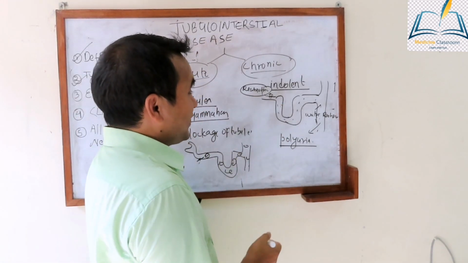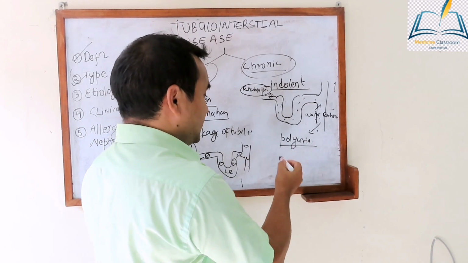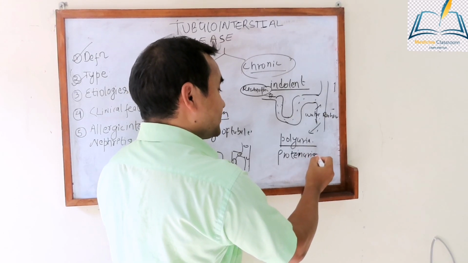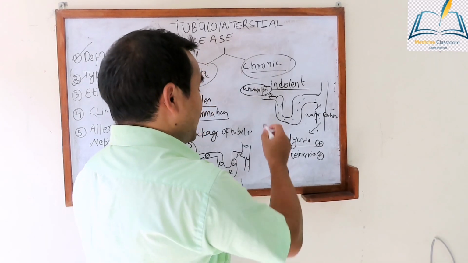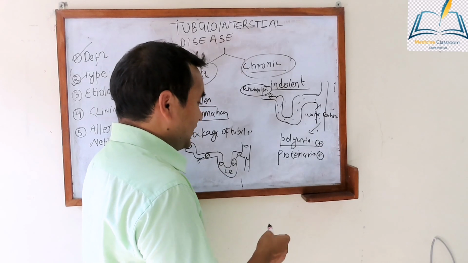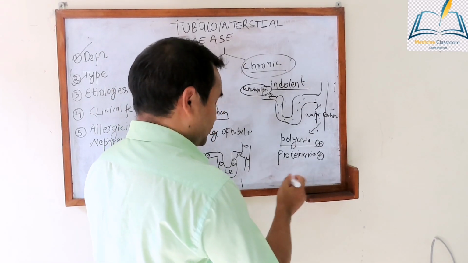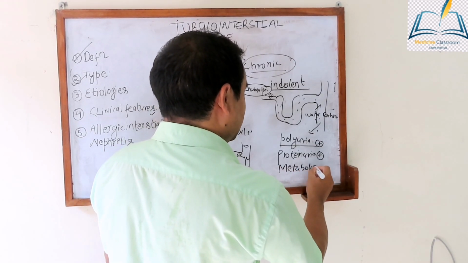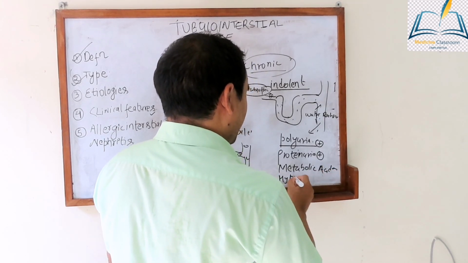Similarly, there can be a defect in absorbing protein, so there can be proteinuria. So chronic tubulointerstitial disease can present with polyuria, proteinuria, and different electrolyte imbalances, like metabolic acidosis, hypokalemia, or sometimes hyperkalemia.